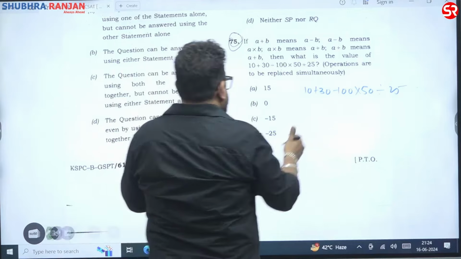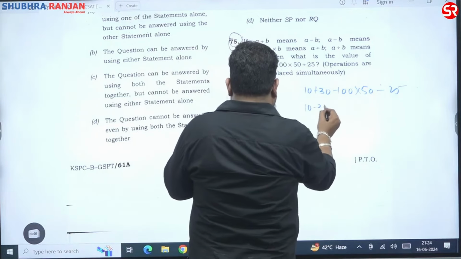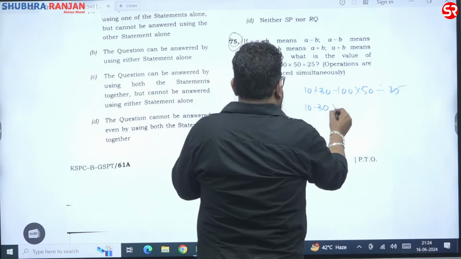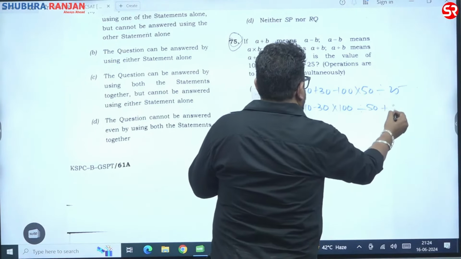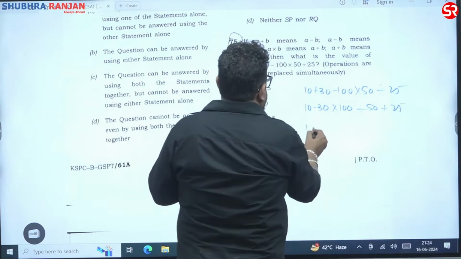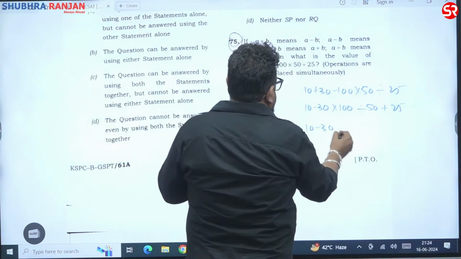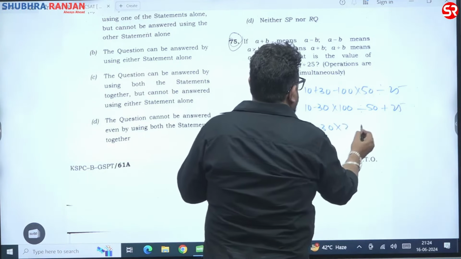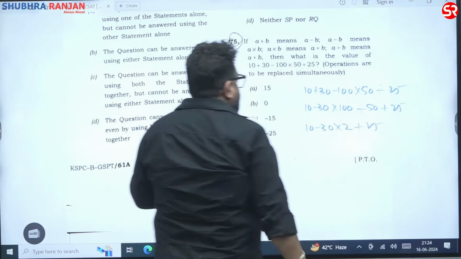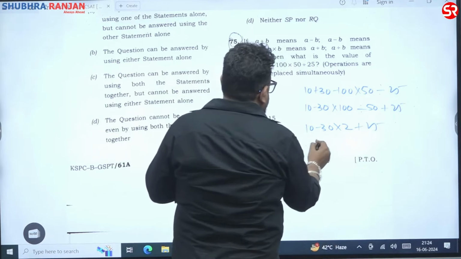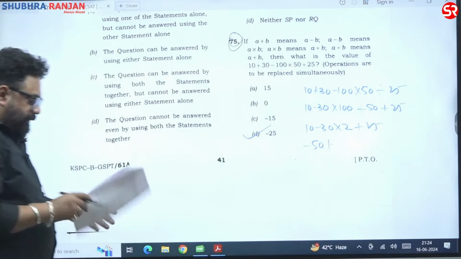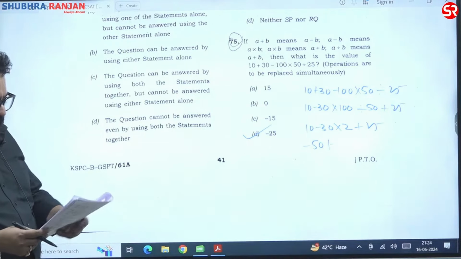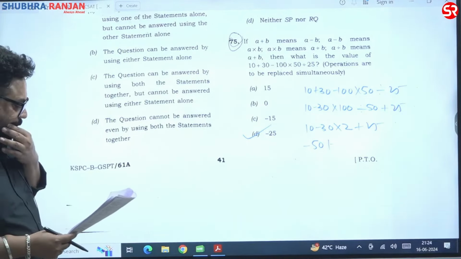So after replacing, this is 10 minus 30 into 100 divided by 50 plus 25. So it is 10 minus 30 into, first dividing, 2 plus 25, isn't it? So this becomes minus 60 minus 50 plus minus 25 is your answer. This was easy. This was actually easy, right?